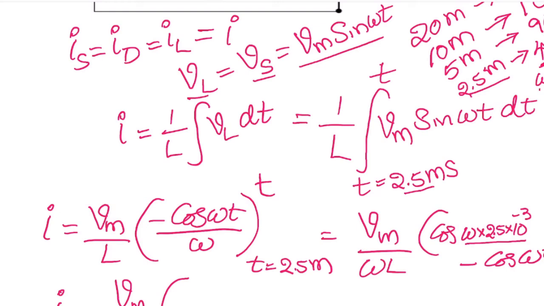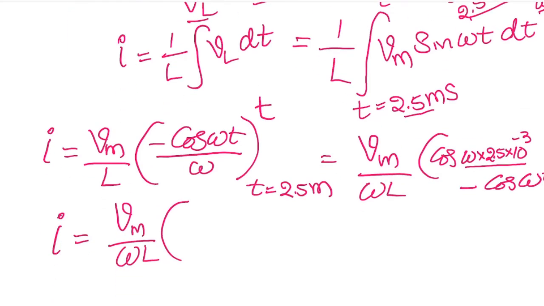What is omega t at 2.5 milliseconds? It is 45 degrees. Then it is cos 45 degrees minus cos omega t.